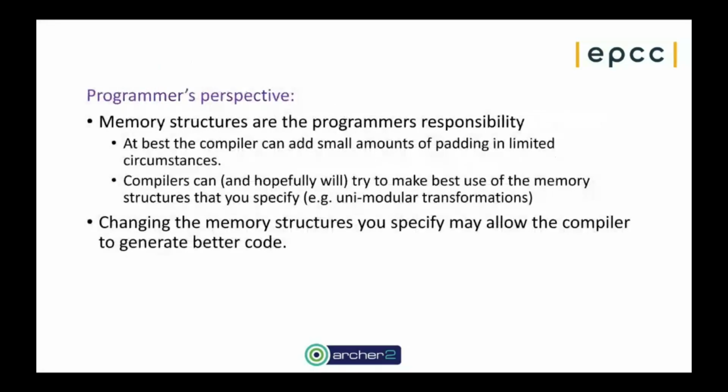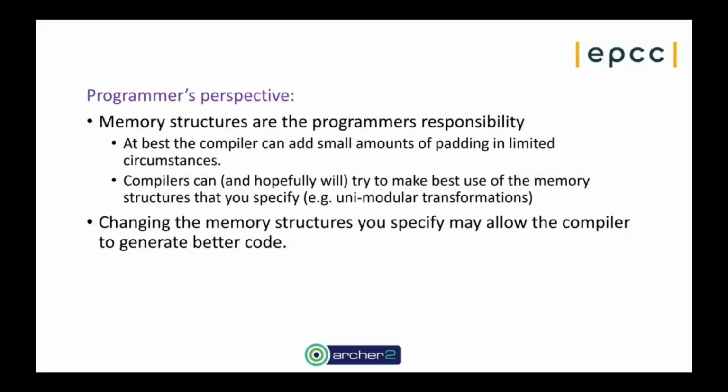So from your perspective as a programmer, you're specifying to the compiler what your data and memory looks like. So you're specifying what your data is and how it's going to be used. Now the compiler can do some work to change what you've specified, but it is constrained by how you've told it you want the data to be laid out in memory. It can put a bit of padding in to maybe change the size of some arrays or some variables, but beyond that, it is very much constrained by what you've told it to do.